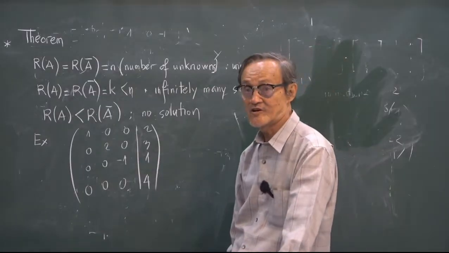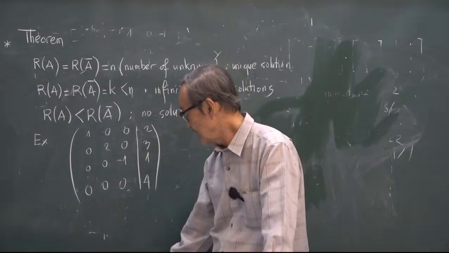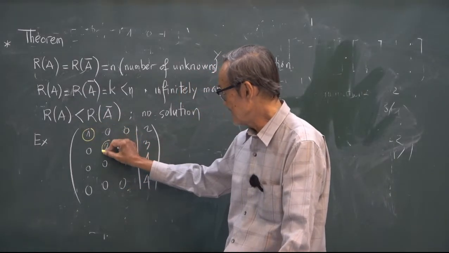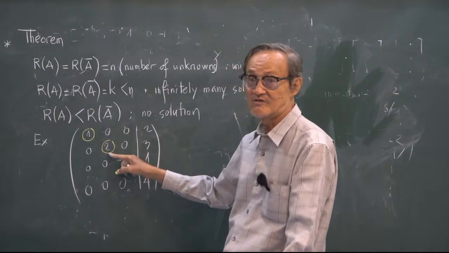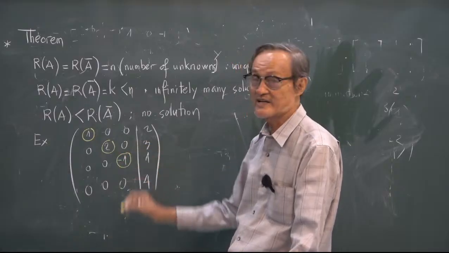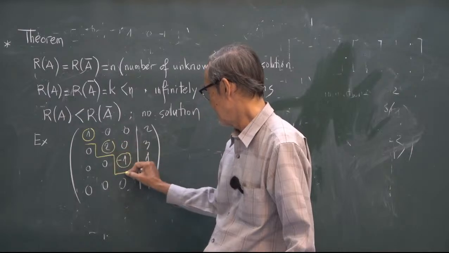This is echelon form, not reduced echelon form. In echelon form, pivot 2 is not a 1. Pivot minus 1. Okay. We have echelon form.